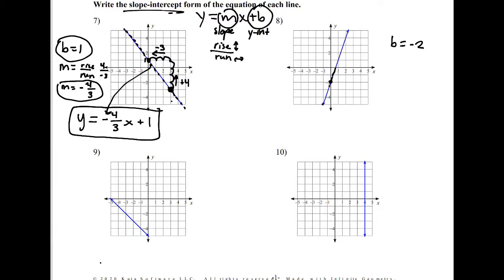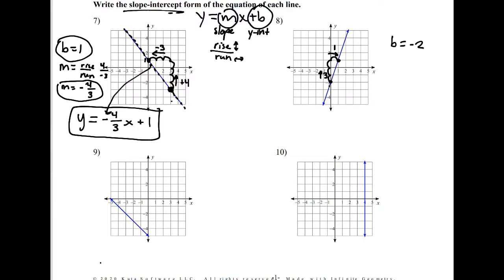Now if I count my rise and my run, remember if you always start at the lower point, it'll make more sense because you're trying to do rise first, which is up 3, so that's a positive 3, and then run 1, to the right 1, so that's a positive 1 since it's to the right.